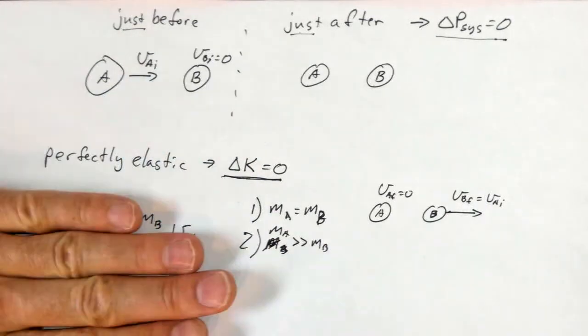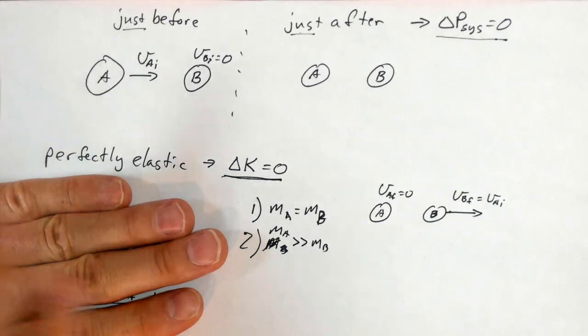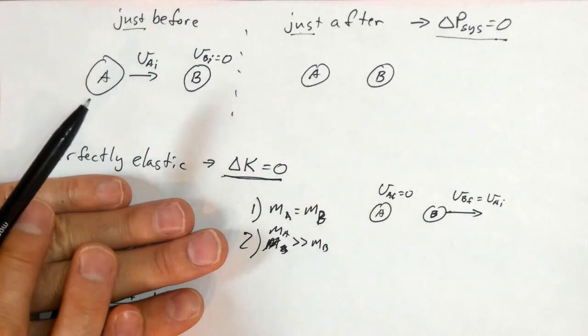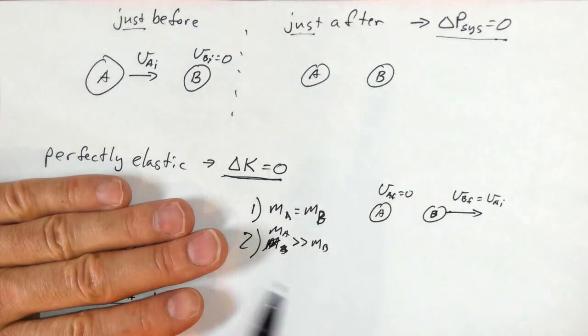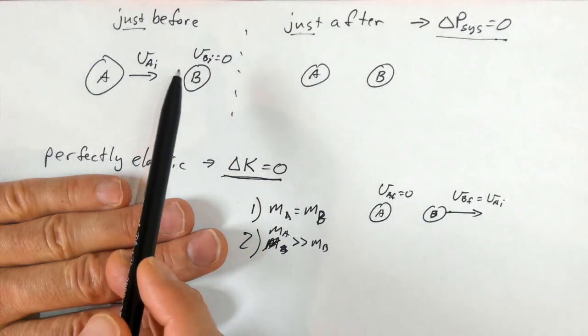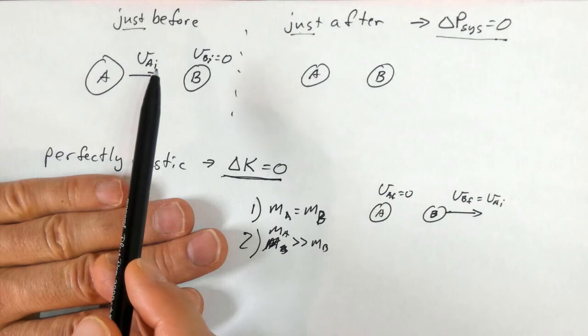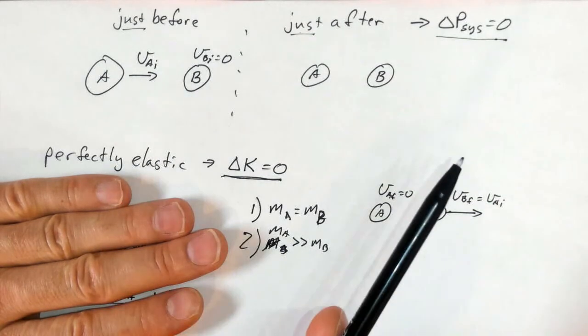Okay, so again, think logically. What should happen if a bowling ball hit a ping pong ball? Bowling ball's moving, ping pong ball's at rest, bowling ball hits the ping pong ball. Now what's going to happen? Well, do you really think the bowling ball is going to even notice the ping pong ball? No, probably not. So the bowling ball ought to move forward with the same speed it had without stopping. Now the ping pong ball ought to be shot off pretty darn fast.